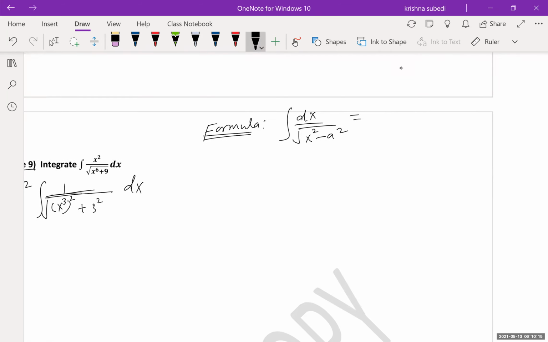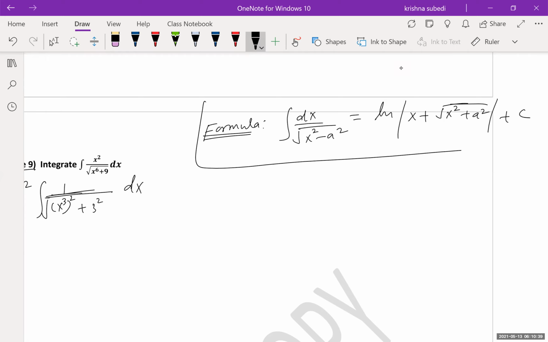It will be ln of x plus square root x squared plus a squared, plus c. Plus, yeah, not minus. This is the formula. This formula will be provided to you in the exam if there are any questions of this type.